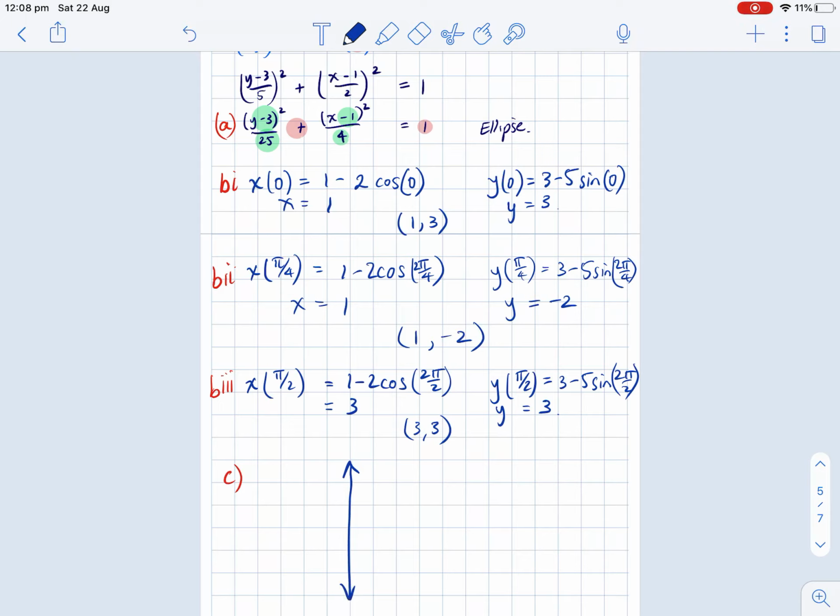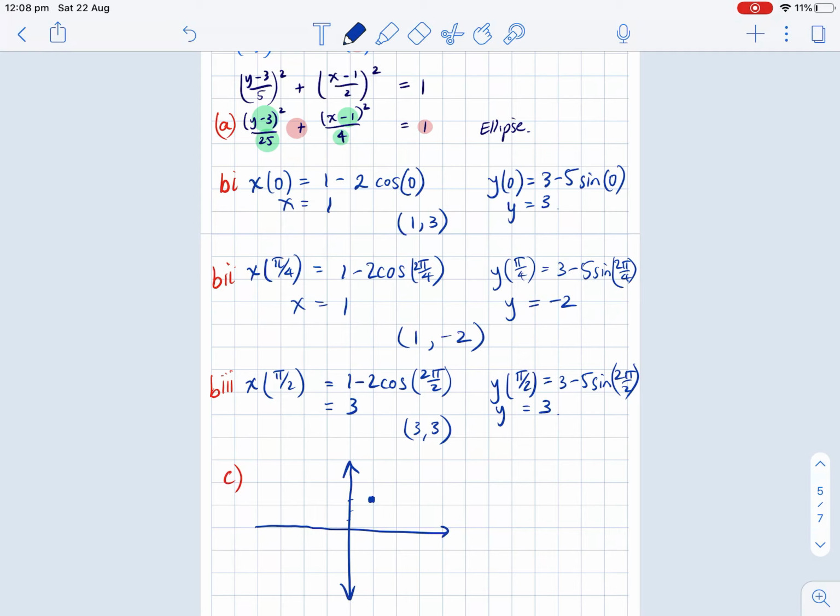To help me do this, what I'm going to do instead is draw a graph. Now, we mentioned before that this is an ellipse, and the ellipse has moved 3 places up on the y-axis, 1, 2, 3, and it's moved 1 place to the right on the x-axis. So I'm going to say that is the center of my ellipse, and then on my x-axis it goes 2 places to the right and 2 places to the left.